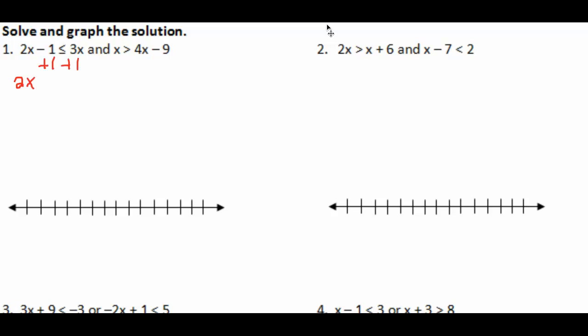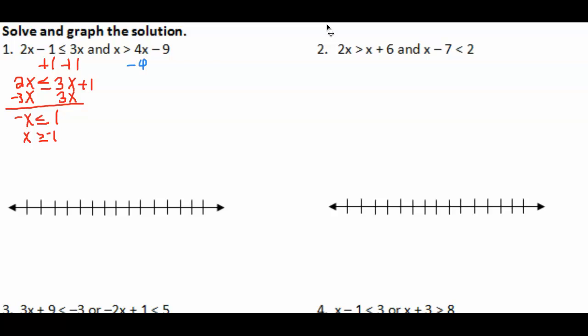So you get 2x is less than or equal to 3x plus 1. Subtract 3x from both sides. Divide by -1. When you divide by a negative, it changes the direction of the inequality. So we get x is greater than or equal to -1.